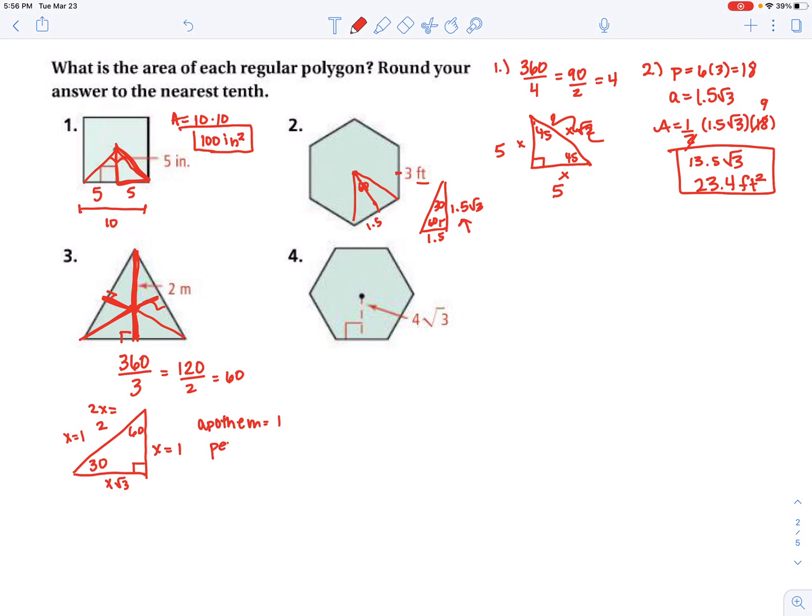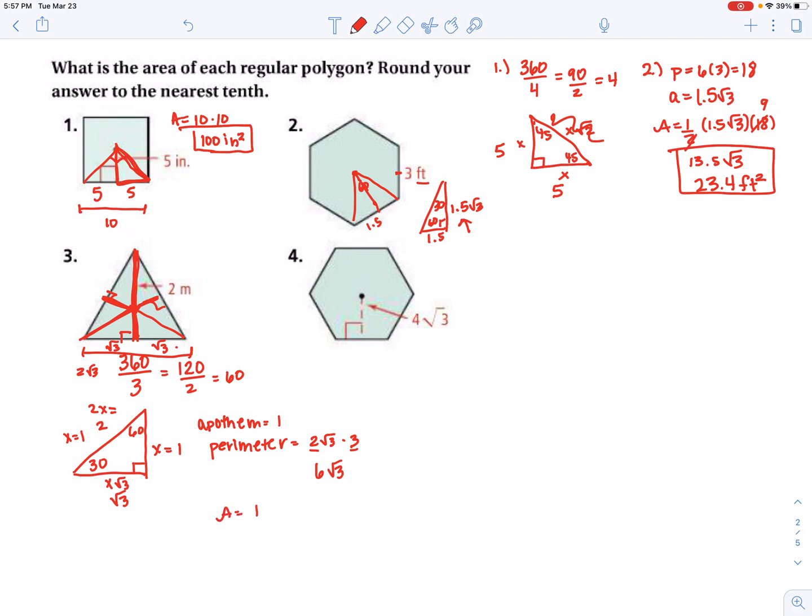My perimeter, I still need to figure that out. So if my x is 1, then this side is just the square root of 3, which is this side. So all of this is 2 square root 3. So if I have 2 square root 3 times 3 sides, I only multiply the outside numbers together and I get 6 square root 3.